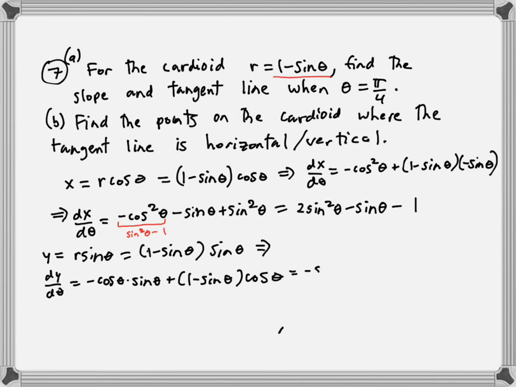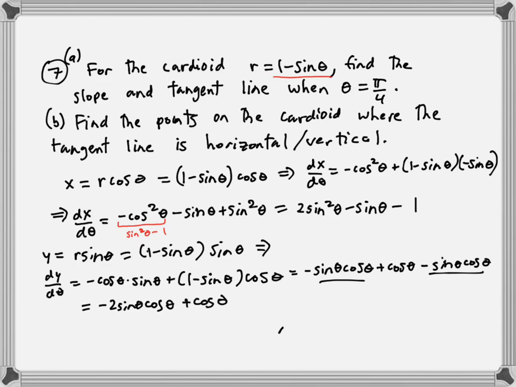So it's negative sine theta cos theta plus cos theta minus sine theta cos theta again. And so if I combine my like terms here, what I get for dy d theta is negative 2 sine theta cos theta plus cosine theta.